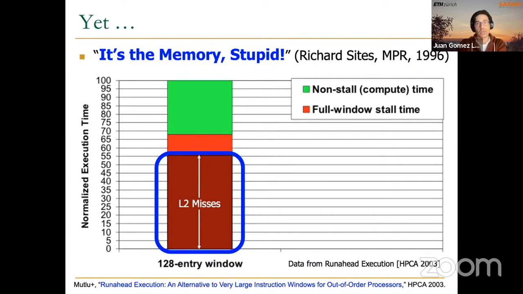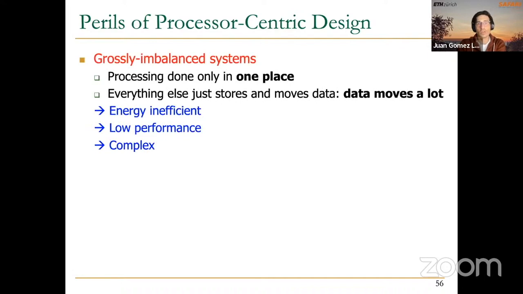And the reason is the way that current processor-centric systems are built. They are grossly imbalanced systems where processing is done only in one place, in the processor, which means that the data needs to move a lot between the memory and storage units and the processor. And this is energy inefficient, low performance, and also complex.